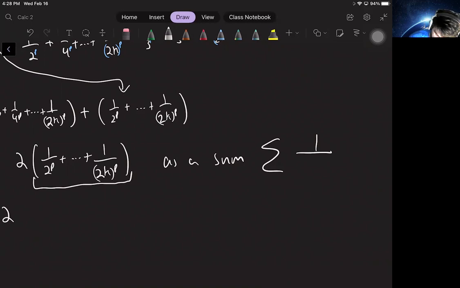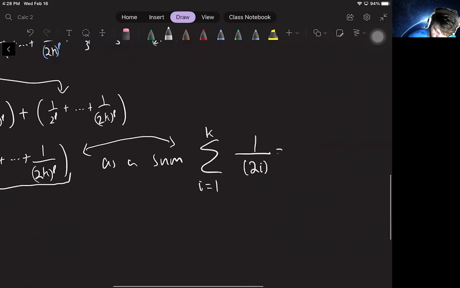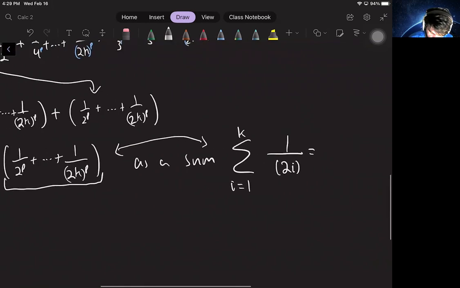So I could think about it as 2 times something. But I don't want to use k because k is really the last number that I plug in. So I'm going to use a new variable, I'll call it i. And if I start at 1, then that is exactly the same as this thing in parentheses here, right? I'm just using a different letter as the index.